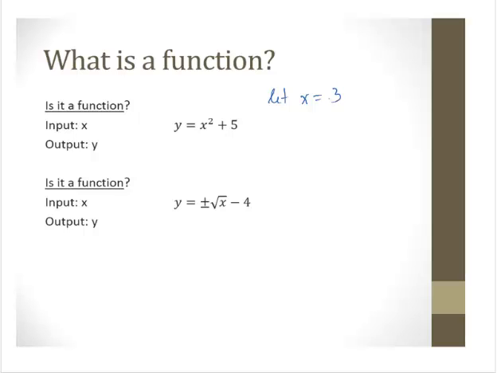Well, notice we have this nice formal definition. The y value would then be 3 squared plus 5, which evaluates exactly to 14. There is no other choice for this. And we could do this with every number. It would get exhaustive, but we could do it. Is this a function? Yes, it is.